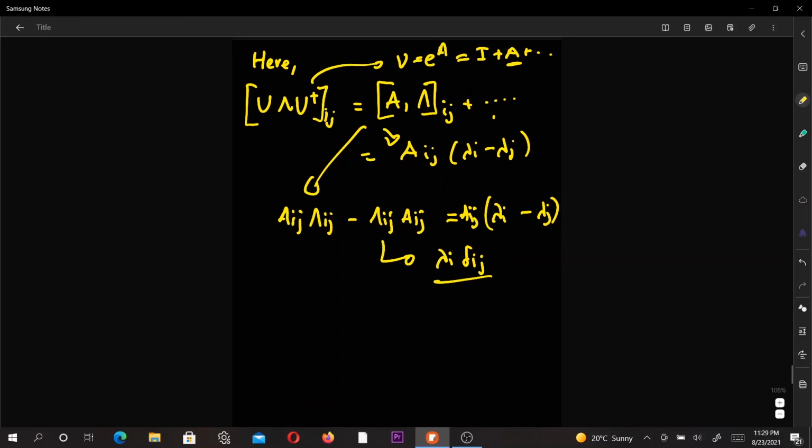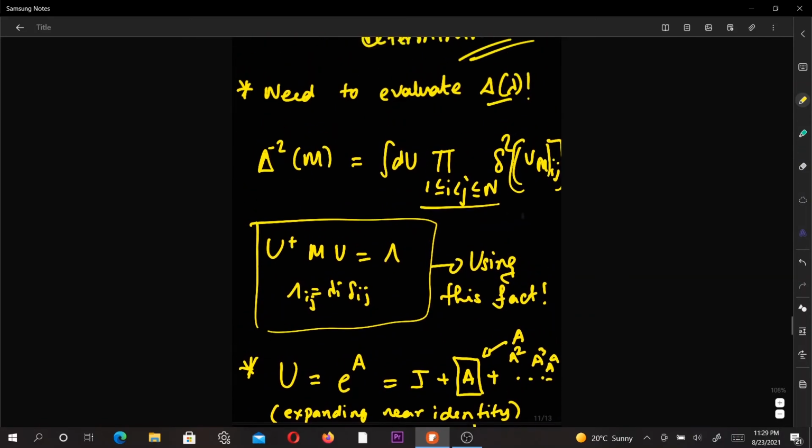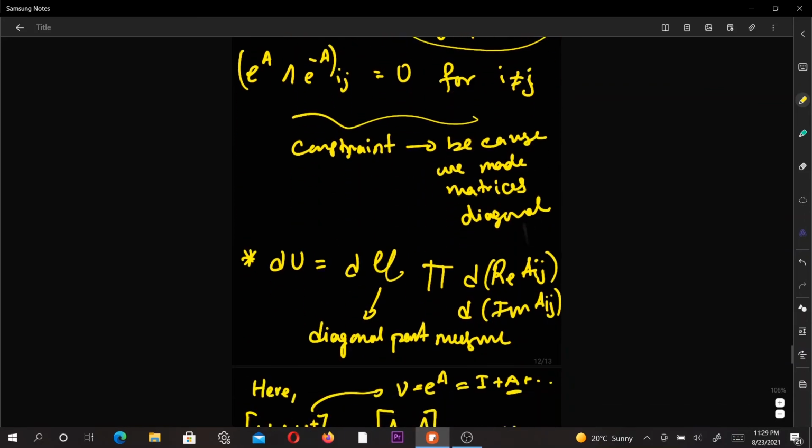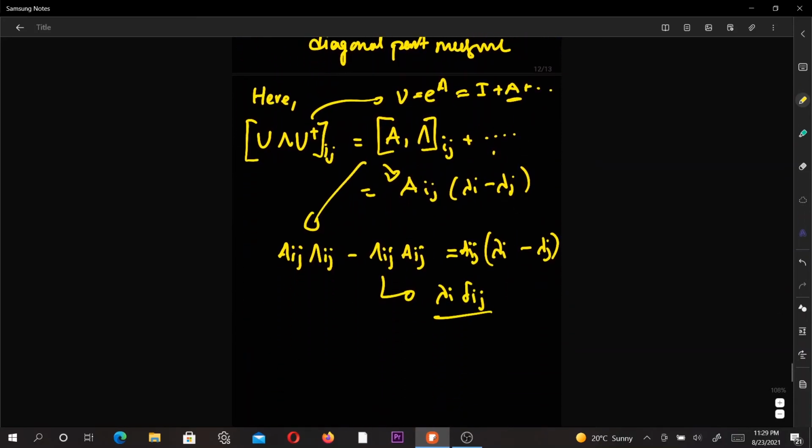So what is happening here? Our initial integral had a delta function constraint, which will now be turned into a constraint like this, because U dagger ij, that is of diagonal parts, has this constraint that it has to be a_ij times lambda_i minus lambda_j. We are excluding higher powers of A because A itself is very small. So we take the highest contribution, that is A. Others are very negligible.